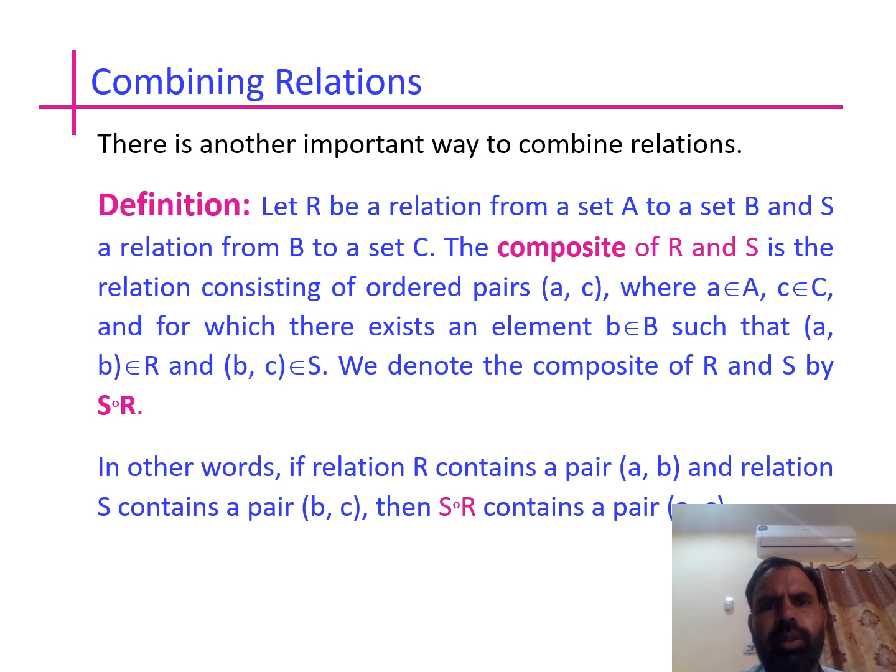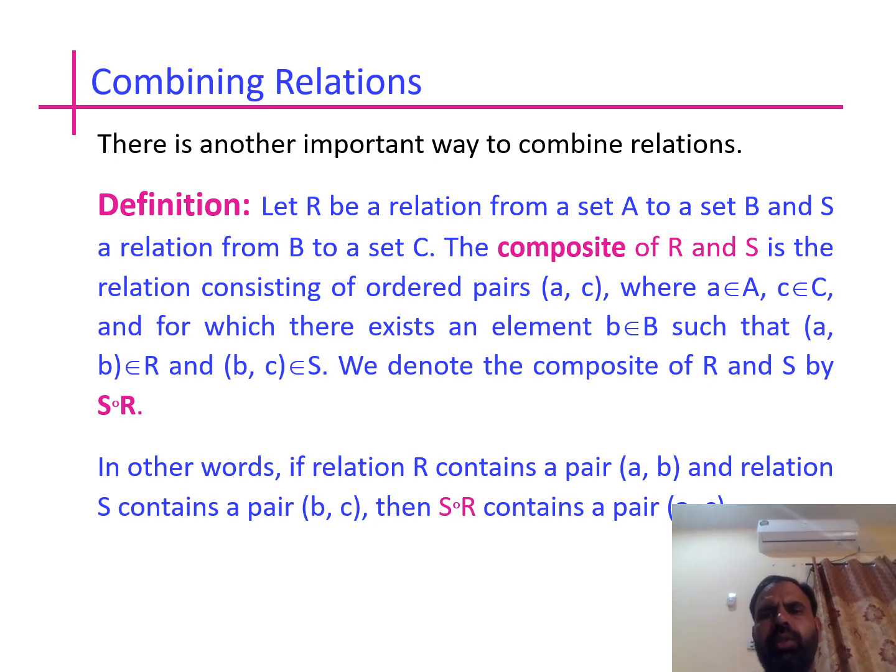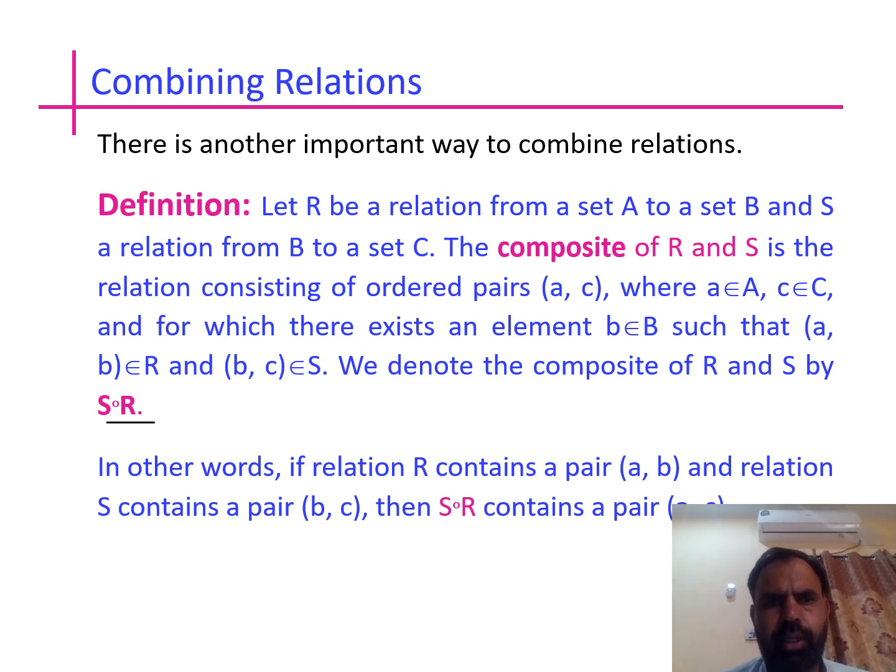There is another important way to combine relations. We define the composite of R and S. Let R be a relation from a set A to a set B, and S a relation from B to a set C. The composite of R and S is the relation consisting of ordered pairs (a, c), where a belongs to A and c belongs to C, and for which there exists an element b belongs to B such that (a, b) belongs to R and (b, c) belongs to S. We denote the composite of R and S by S∘R.